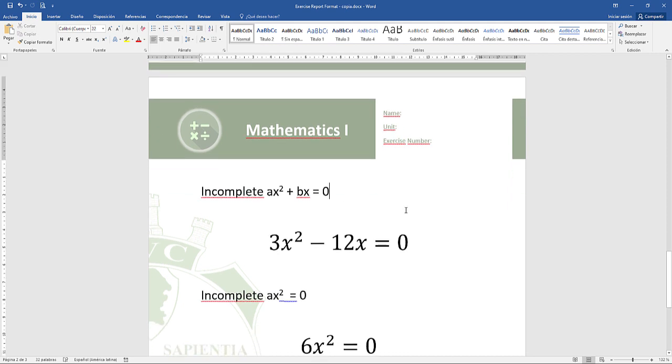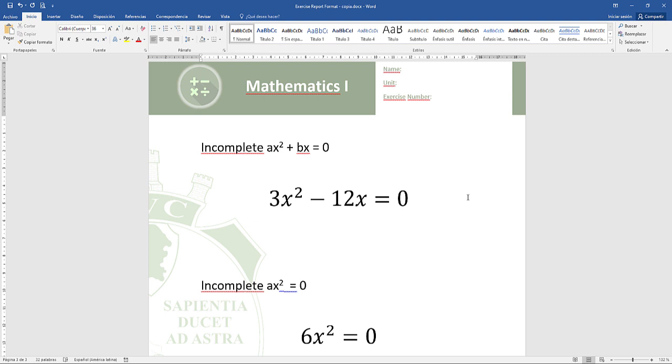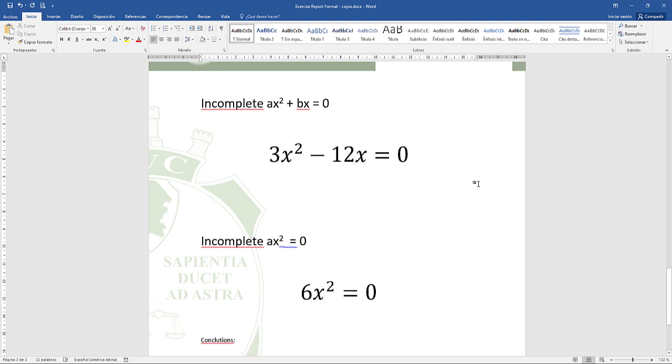Now we will work with the incomplete ax squared plus bx. In that case you need to factorize. You look for a common factor.